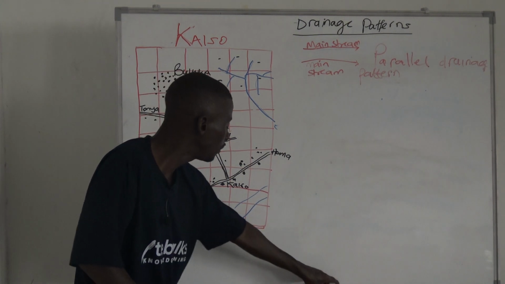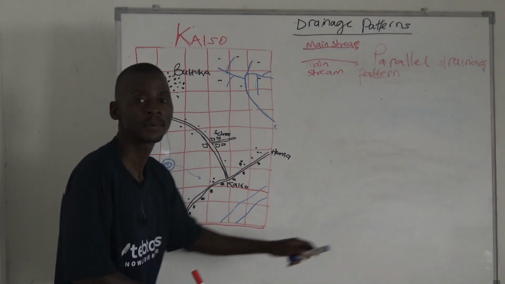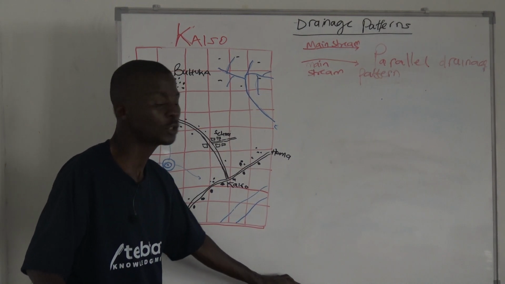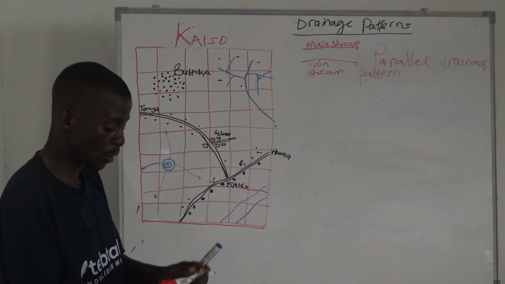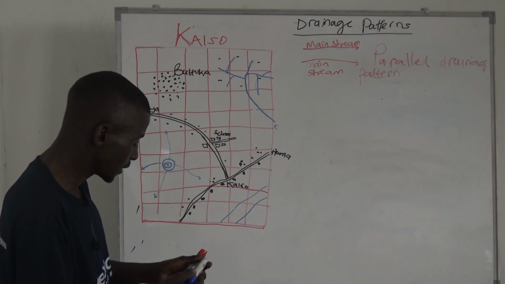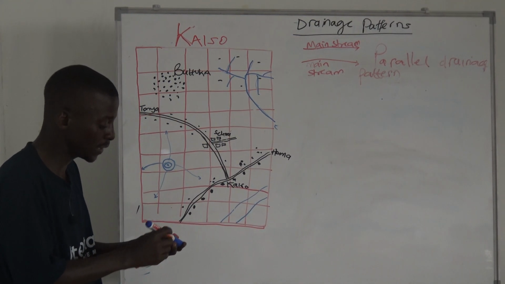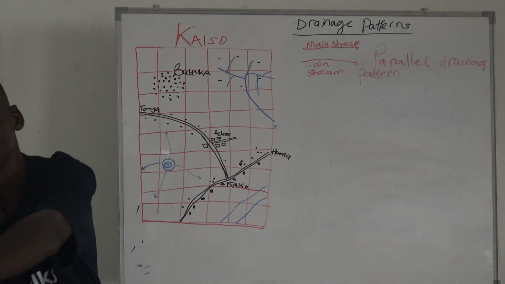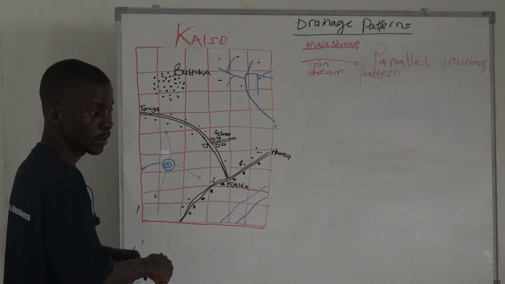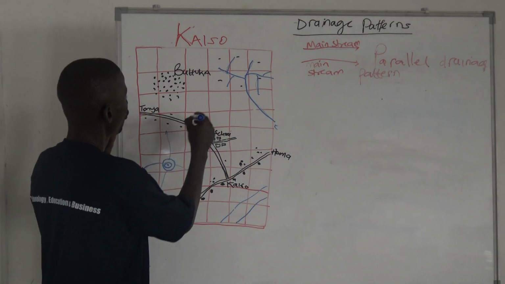So you should be able to identify those drainage patterns in the map and be in a position to tell what type of drainage pattern that one is. Still on the map, we have another drainage pattern known as centripetal.